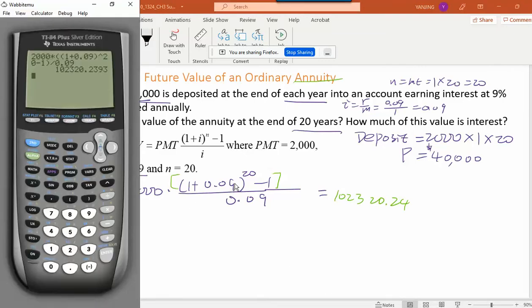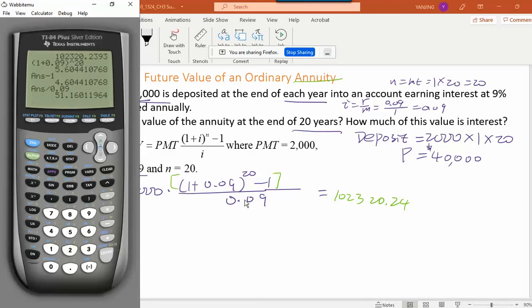Okay, if you think this is too much, sometimes you get lost in here, you can calculate inside the parentheses first. Look at this one right here. I can calculate 1 plus 0.09 to the power of 20, right? I can calculate this one first, and then minus 1, that way I don't have to have a parenthesis. And then I can divide it by 0.09, okay?